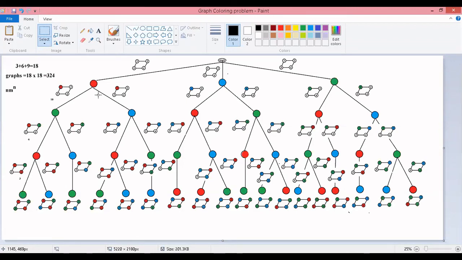Next class I will teach that algorithm for you. See that algorithm, whatever I told in this 1 hour is given as an algorithm there. Please read that algorithm. I will send the JPG image of this state space tree file to your WhatsApp. Look into the state space tree and try to understand that algorithm.